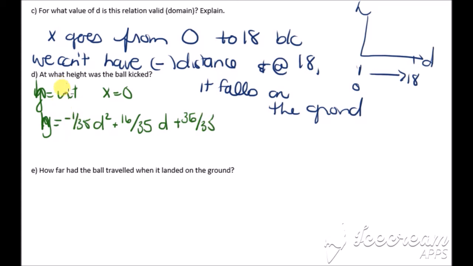This is h, the h-intercept. Remember when we sub in 0, so d equals 0, these two terms are going to go away, and we're going to get a height of this c value here. So that's when the ball was kicked.